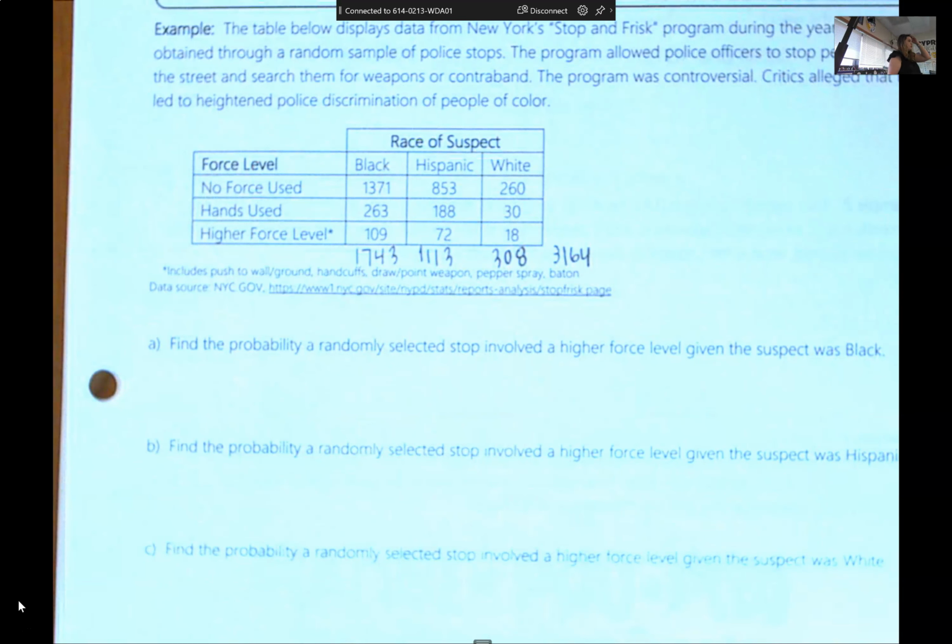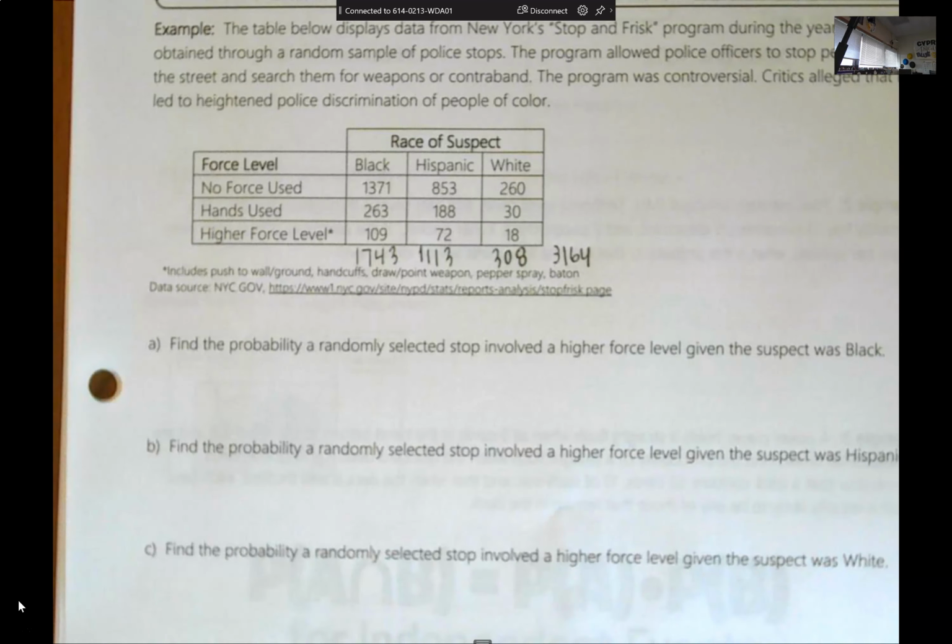So I'm getting a total of 3,164 stops that we looked at. Is that what you guys get?